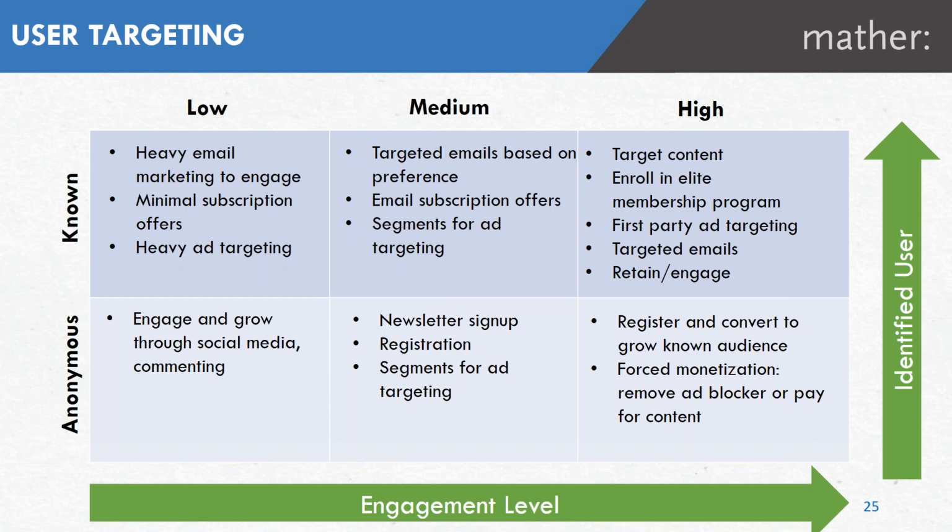And this is more of the same, just splitting out the tactics based on the engagement levels. If they're a known user, you can use the email channel a lot more, and that seems to have a much better conversion rate than just using online promotions. And if they're anonymous, you're really hitting them through the paywall and maybe the ad server. So that's the general approach that we take.